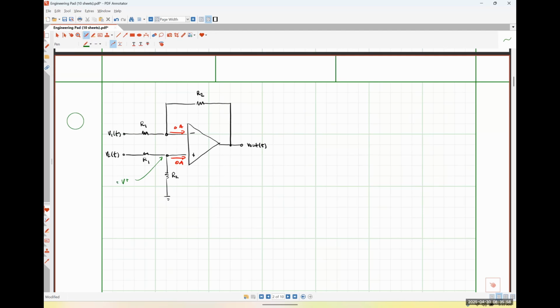But remember, this is a nodal voltage. Our inverting input terminal voltage, our non-inverting input terminal voltage, and our output terminal voltages are all measured with respect to ground. So if I'm trying to find the voltage at that particular node, that is the same thing as finding the voltage drop across that resistor R2, okay?